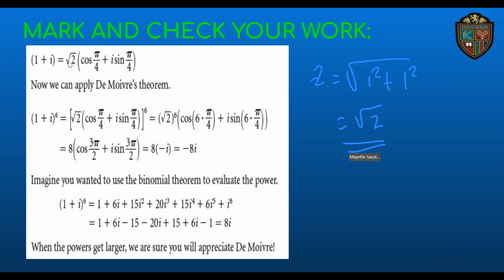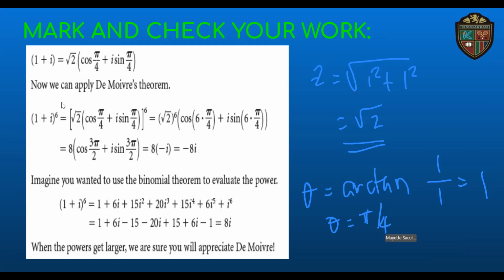And then for the argument, theta is equal to the tangent inverse of y over x, in this case 1 over 1, or tangent inverse of 1, which will give us an angle of, in radians, pi over 4, or 45 degrees.